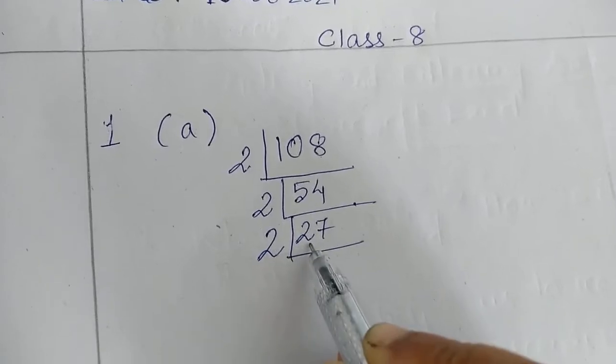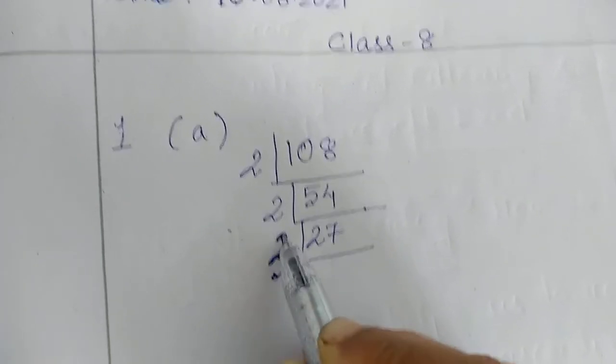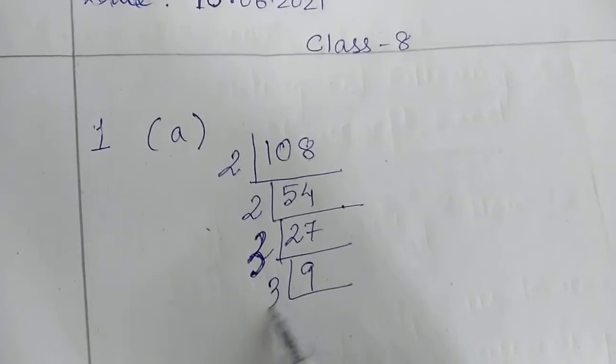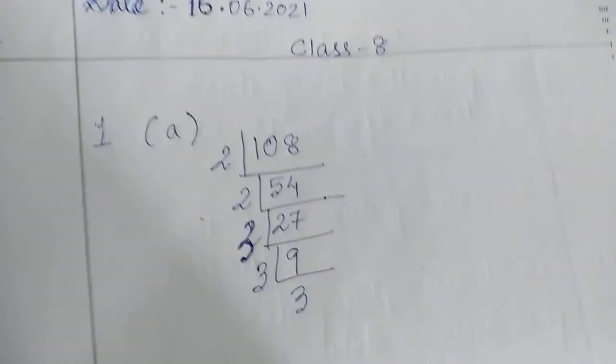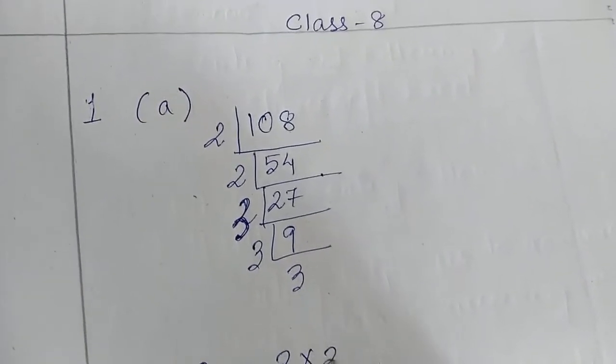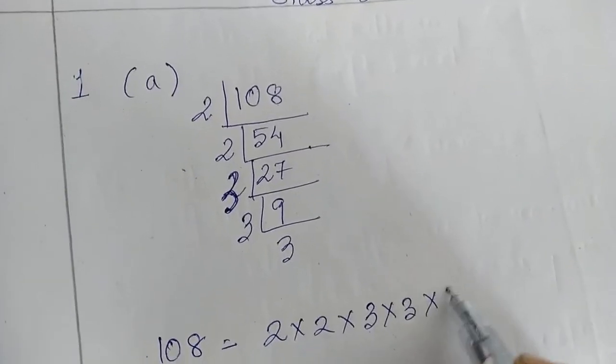Will it be divided by 2 again? No. So let us try with 3. 3 9s, 3 3s. So 108 is equal to 2 into 2 into 3 into 3 into 3.